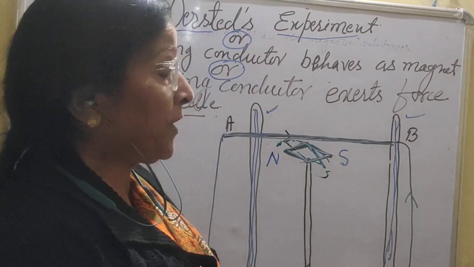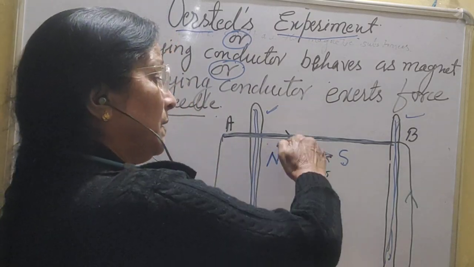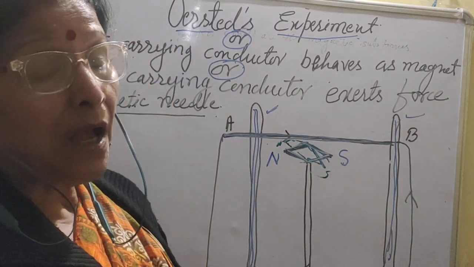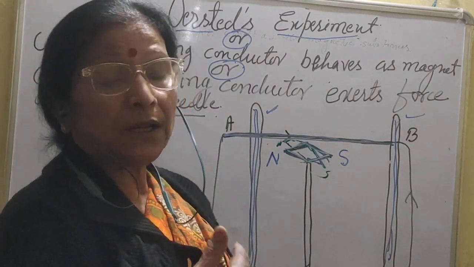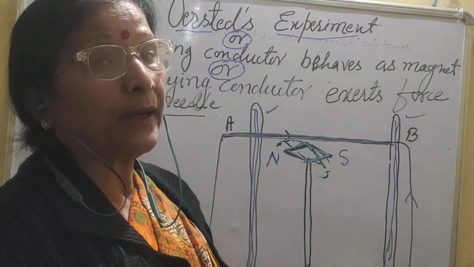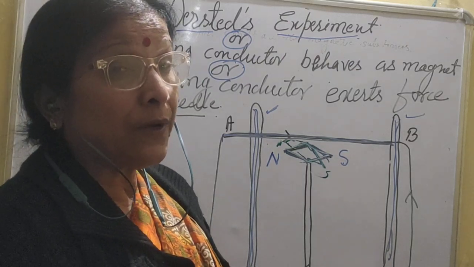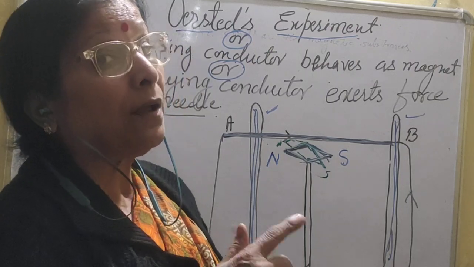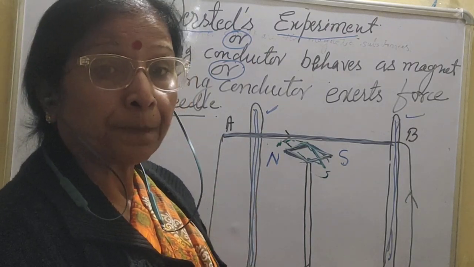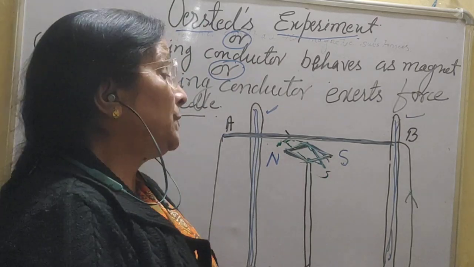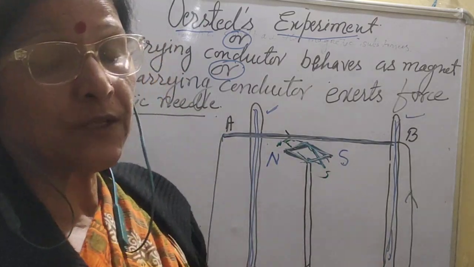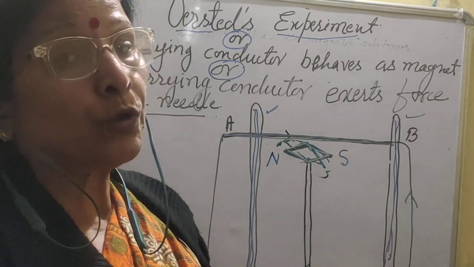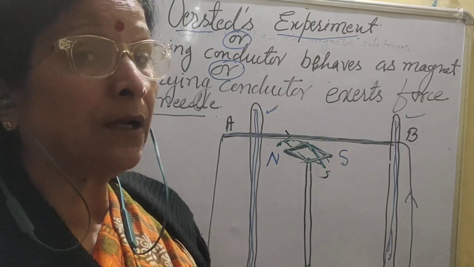Children, suppose we keep the conductor just below the magnetic needle but parallel to it, again we see deflection in the north pole of the magnetic needle, and that will be the reverse of that in the previous case. Okay, so this activity proves that we can use electric current to produce a magnet, to make a magnet.